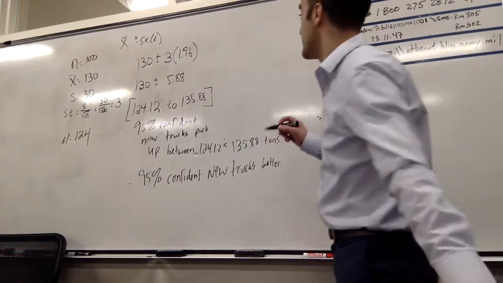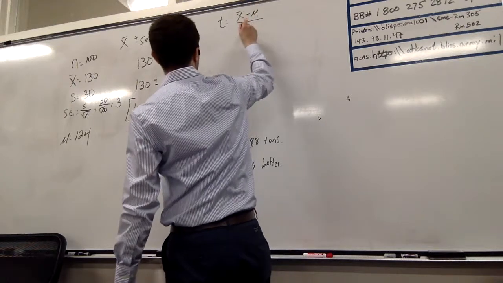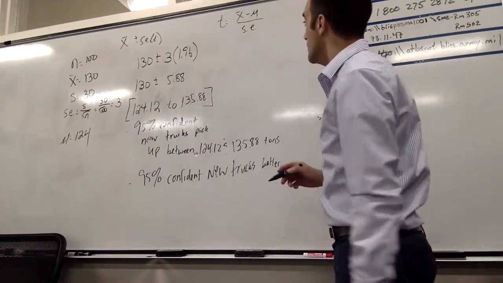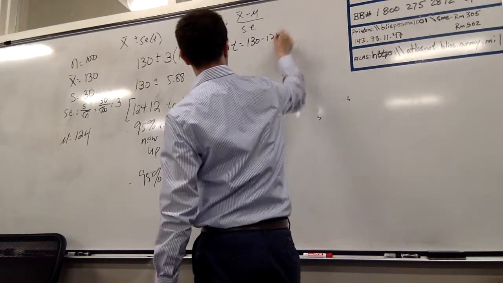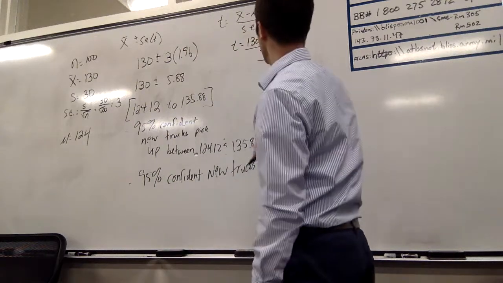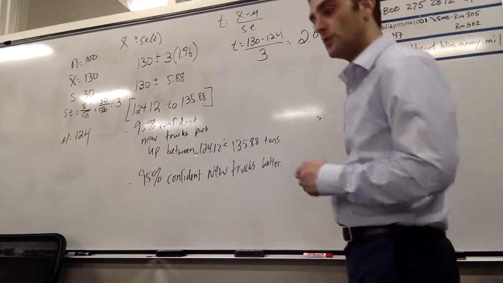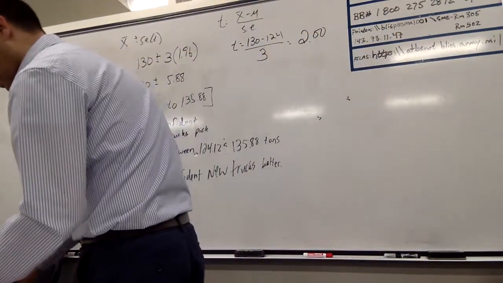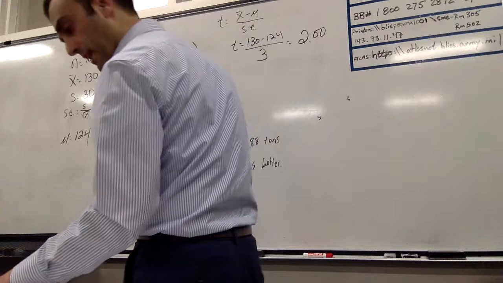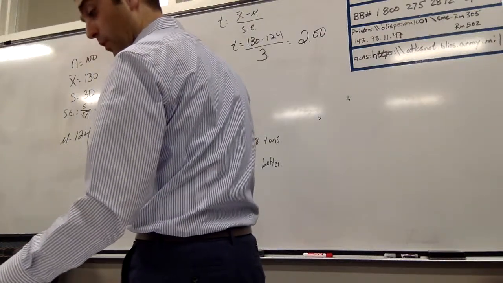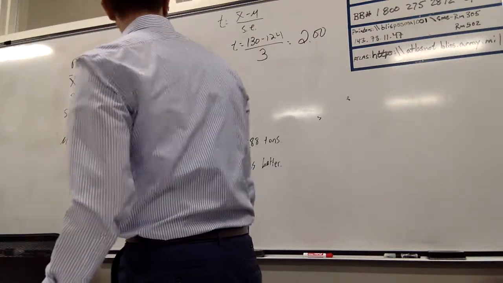I could also say, if you did the t equals x bar minus mu over the standard error, the comparison figure method, your t would have been 130 minus 124 over the standard error of 3, which gives an even t of 2. And if you looked in your t table for 99 degrees of freedom, that value lies between 1.96 and 2.326, which is the 95 and 98% significance columns.